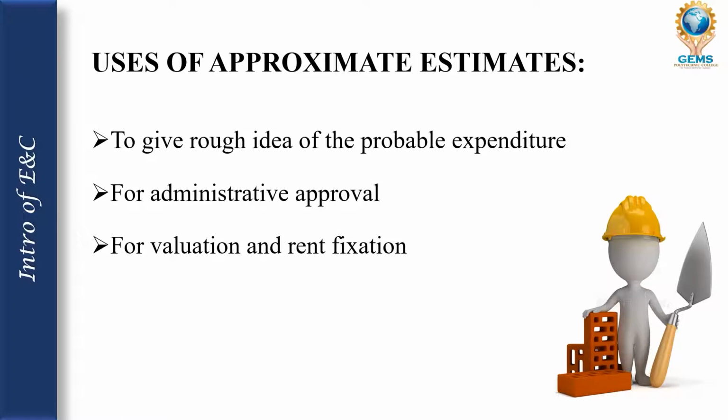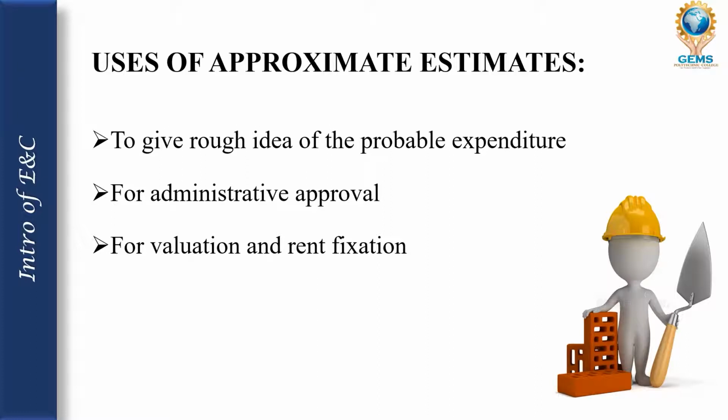Then the second one is for administrative approval. In case of government and other public works, proper sanction is needed, and the sanction can be given on the basis of the approximate cost found by the approximate method.